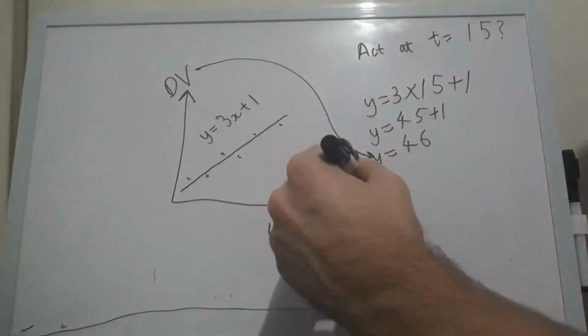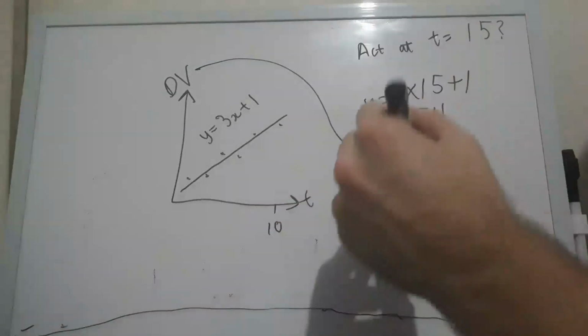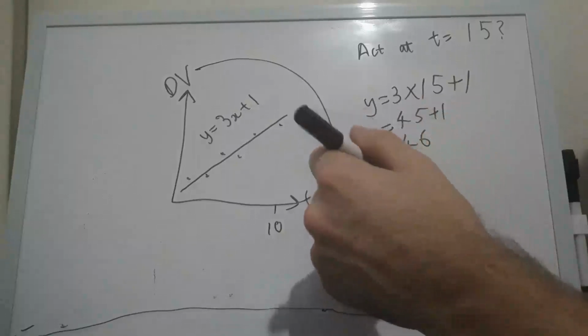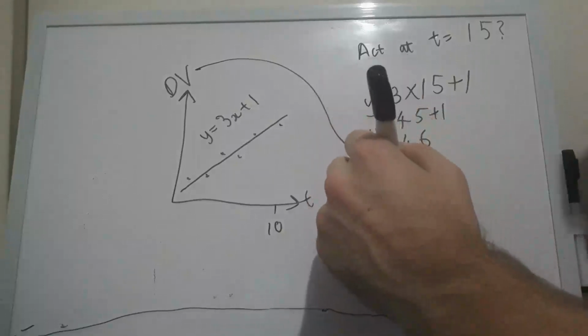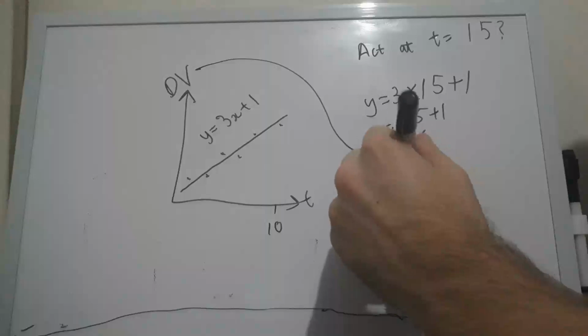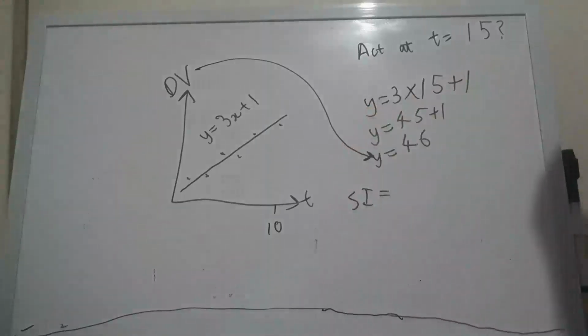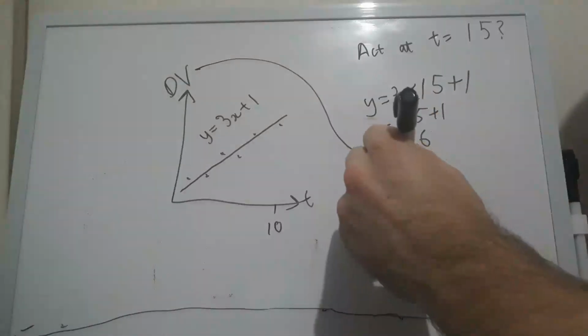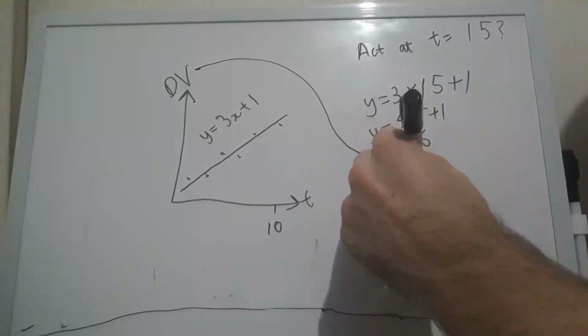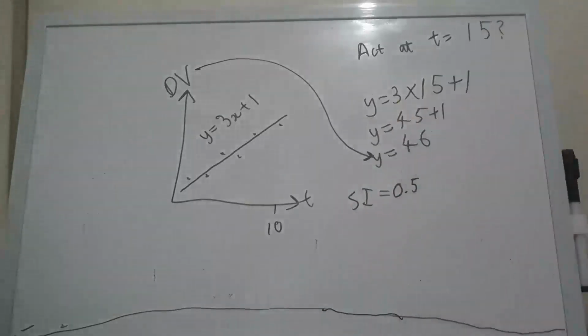Now let's suppose that the seasonal index at t equals 15 is, just to make this easy on me, since 46 divides conveniently by 2, let's say the seasonal index here is 0.5.